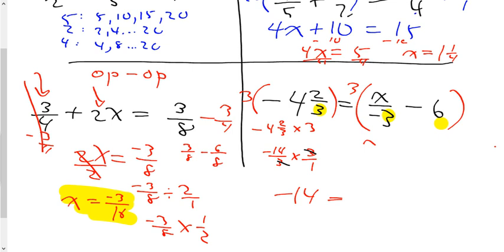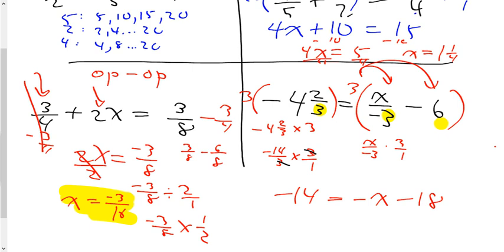Here, x divided by negative 3, I have to use the distributive property because both of these have to be multiplied by 3. When I multiply this by 3, I get a negative x. And here, 3 times negative 6 is negative 18.